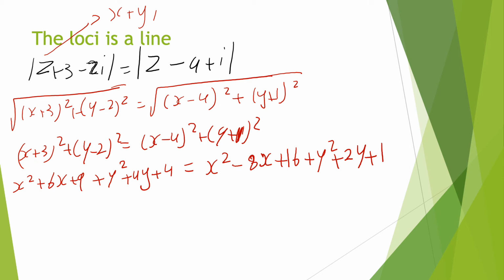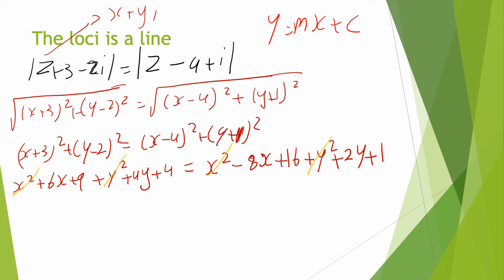And now when you simplify, you can see the x squares and the y squares will cancel out. And now rearrange as a line equation. Rearranging as a line equation means all the y's on one side and all the x's and the numbers on the other side, because the equation of a line, just a reminder, is like that.